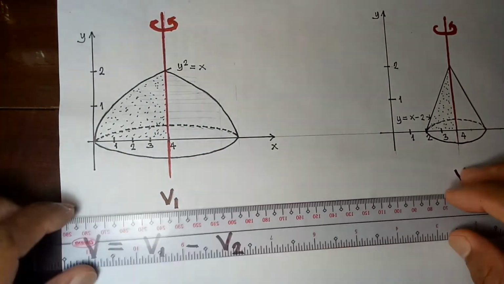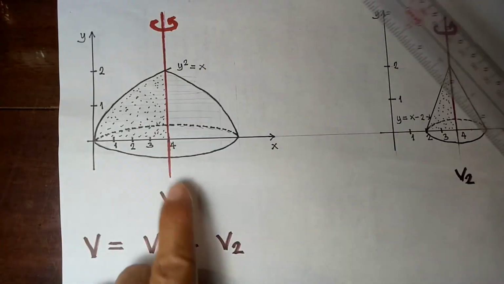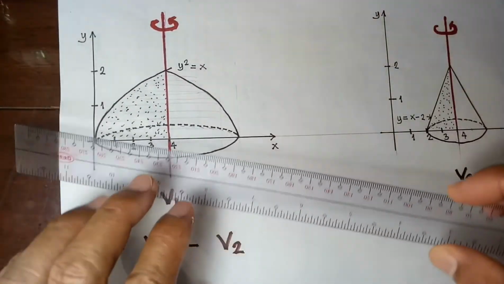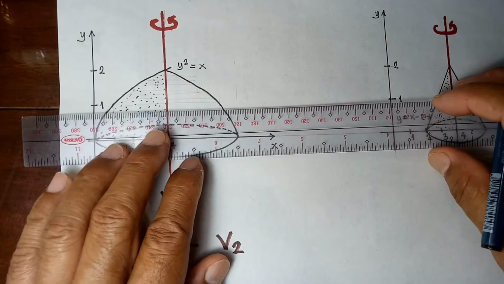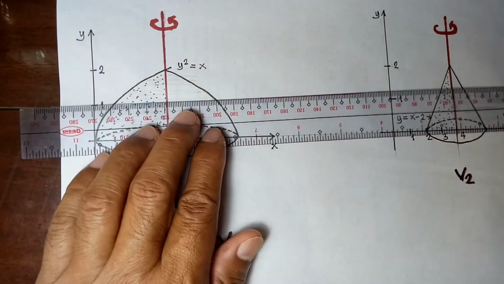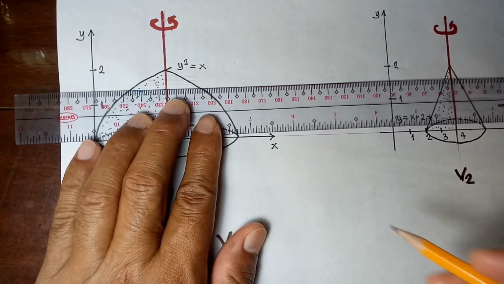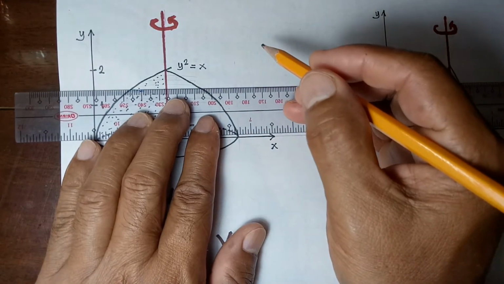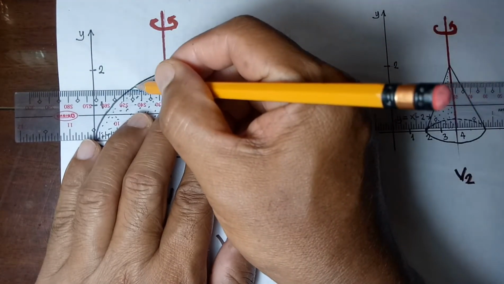So we use the circular disc method to solve volume 1. Let us draw a representative circular disc.